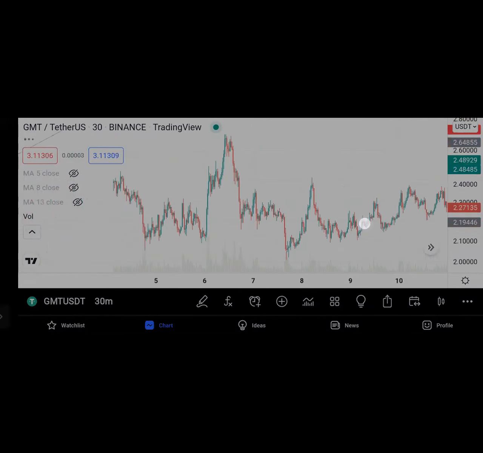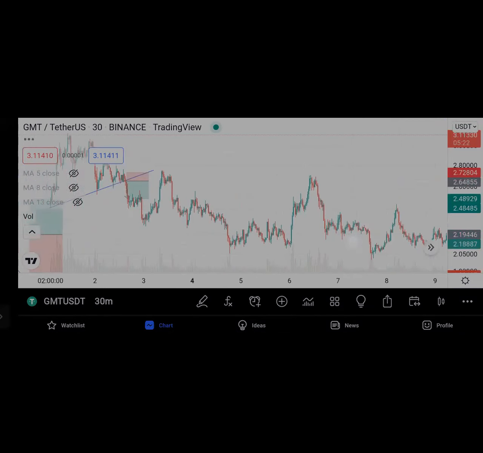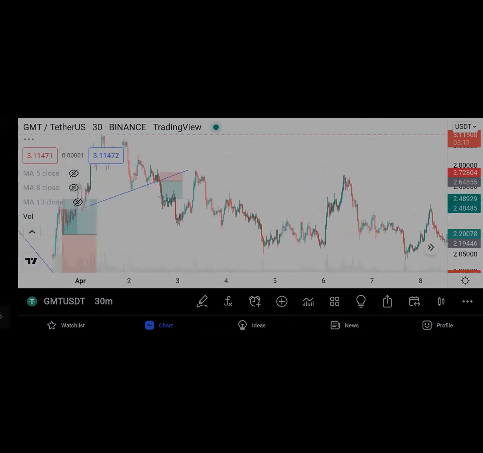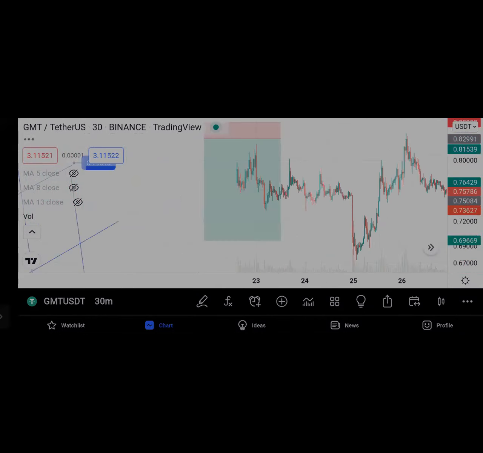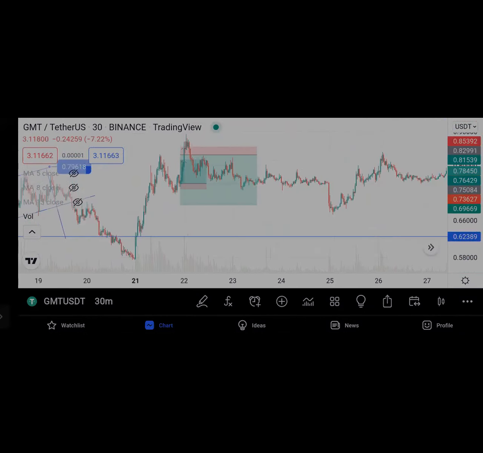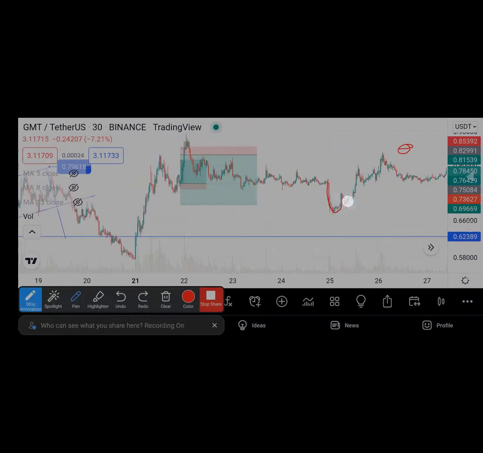I need to see a clear one. All right, look at this. This could be a double bottom. Let's look for a double bottom. All right, this here is an example of a double bottom.